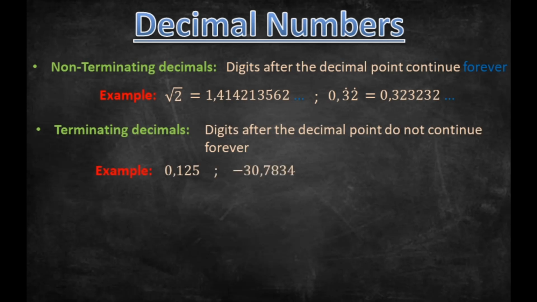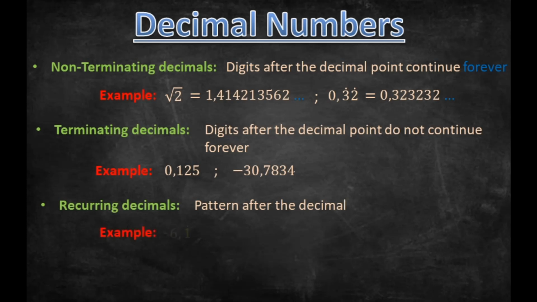Then the third type of decimal are the recurring decimals. Here we have a pattern after the decimal. For example, 6,1, where we have a dot on the 1, and this tells us that the 1 repeats itself forever. Another example that we looked at previously is 0,32 in dot notation.